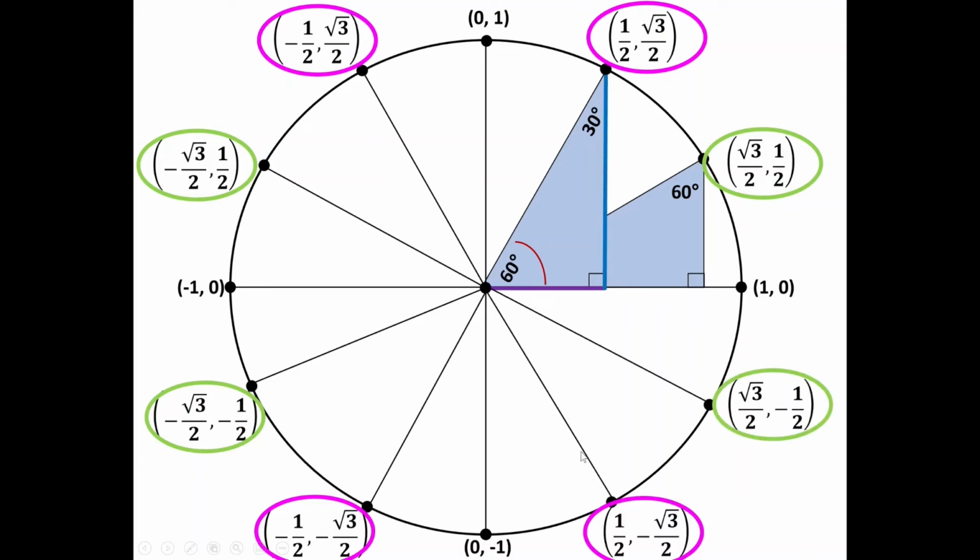And then if I look in my fourth quadrant here, and let's say I've reflected either across the y-axis or down across the x-axis, whatever, you can see that these all in pink are the same and the green are the same, except in this fourth quadrant, only the y value is negative, right? My x value is positive and my y value is negative. So that's how those coordinates come to be when we look at our 30, 60, 90 triangles, which is what we use when we count by 30s on the coordinate plane.